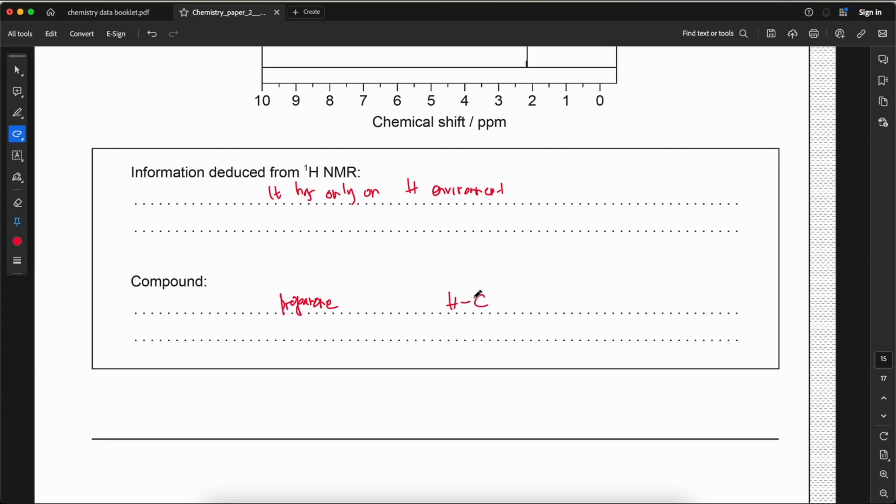Let's draw the compound. So it's symmetrical, it's only one H environment. This 3H and this 3H have the same H environment. So it's propanone because it has a carbonyl group from the IR, from the previous question. So it has C double bond O, it's symmetrical, and the Mr is also 58, C3H6O. So it's propanone.